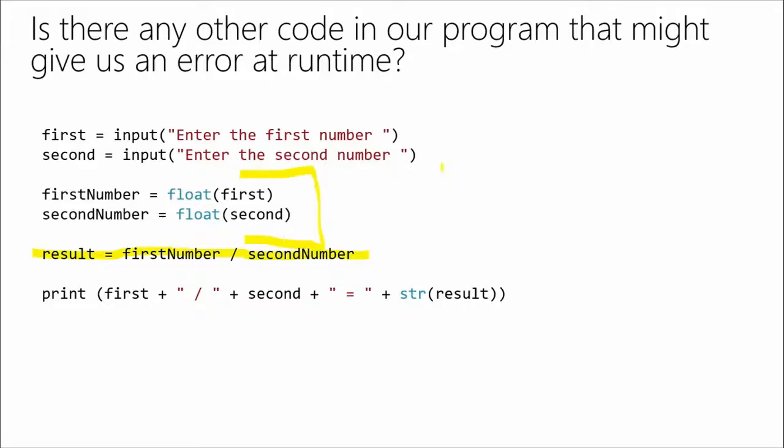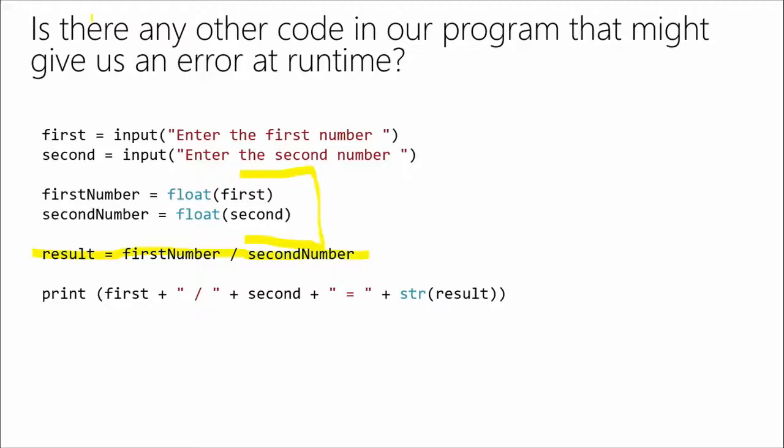Oh yeah, if somebody entered in Bob, a few people had pointed that out. Or Wibble. Yes, exactly. When I ask somebody to enter a number and then I convert it to a float, if they enter letters or something that's not a valid number, then when I try to convert that to a float, which is a number that has decimal places, that code would crash too.